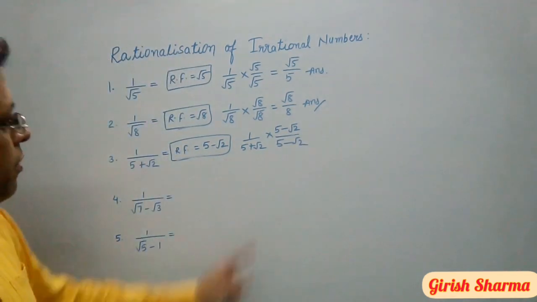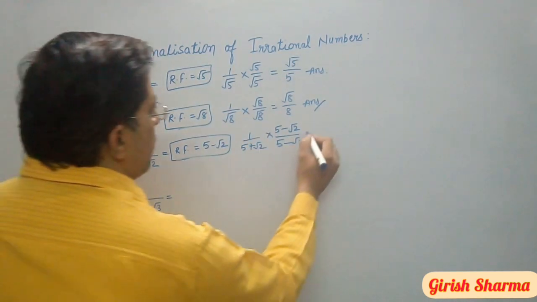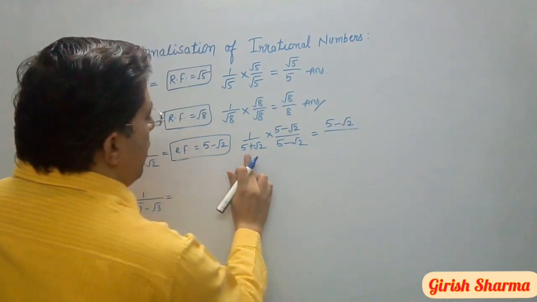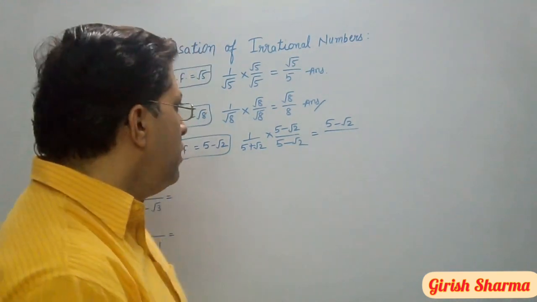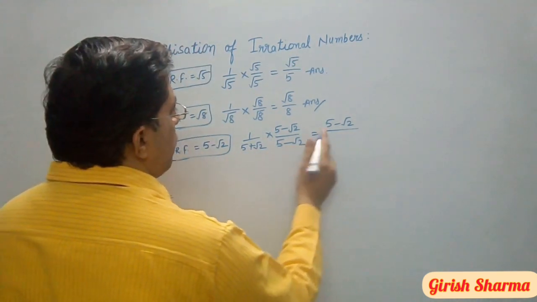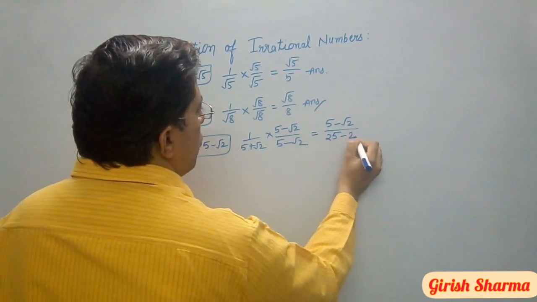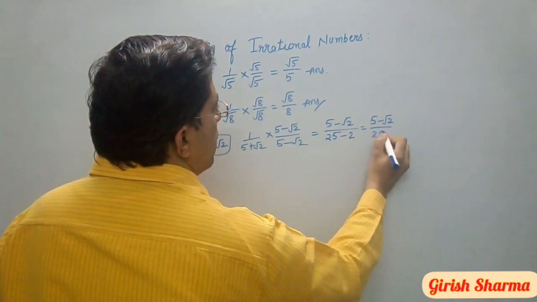Check it once again: 5 minus root 2 upon 5 minus root 2. Then the numerator is the same, and the denominator is a plus b into a minus b, that we all know, a square minus b square. So 5 square is 25 and root 2 into root 2 is 2. So what will be? 5 minus root 2 upon 23.